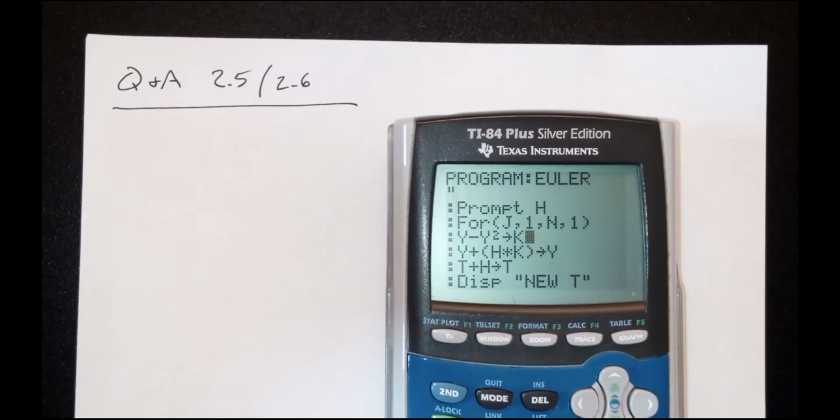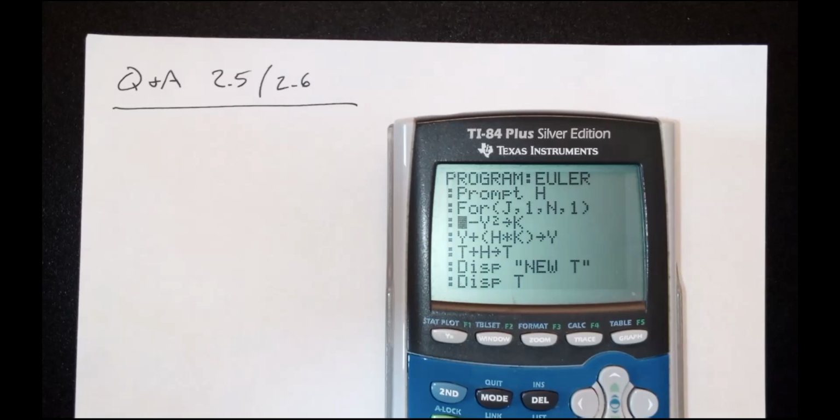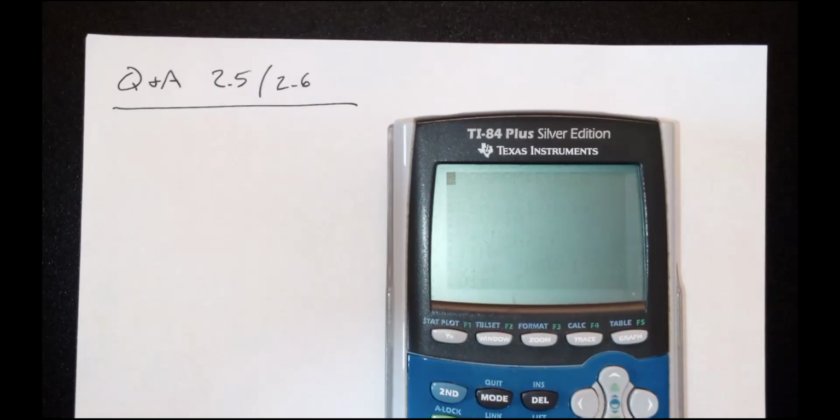So this first calculates f prime, then calculates the next y, and then the next x. That's what these three lines are doing. It spits those numbers out, display the new x and the new y. You have to hit enter. That's what the pause is for. It keeps doing that until you've done all N of them. So the only line you'll ever need to change is this one. Once you finish, second quit, and then you're out of the program.